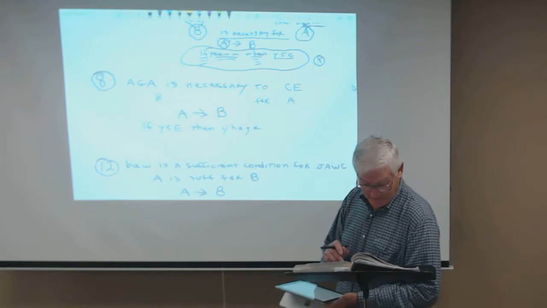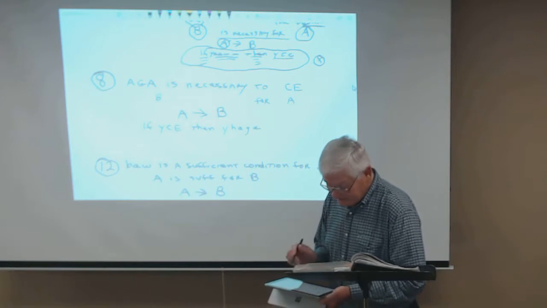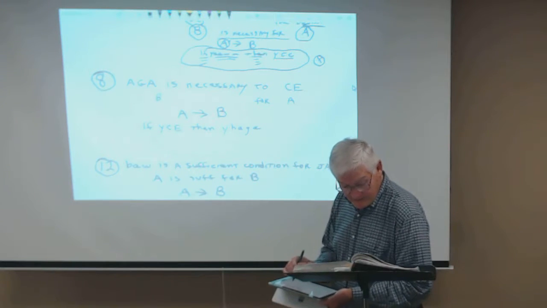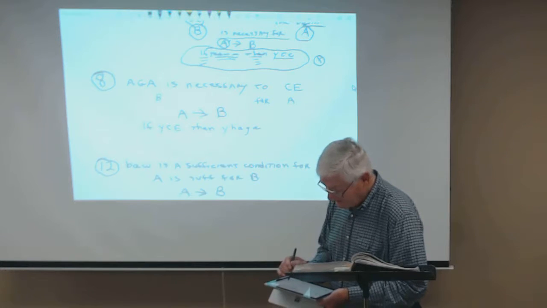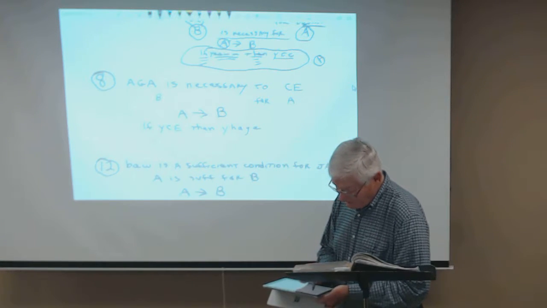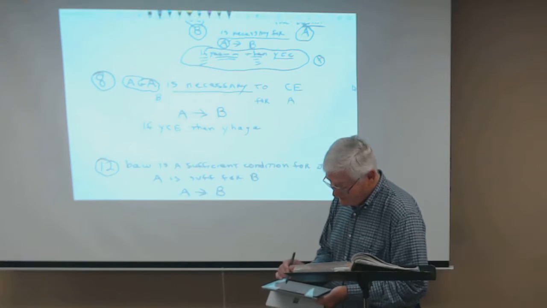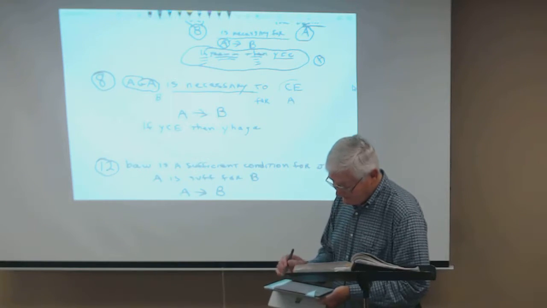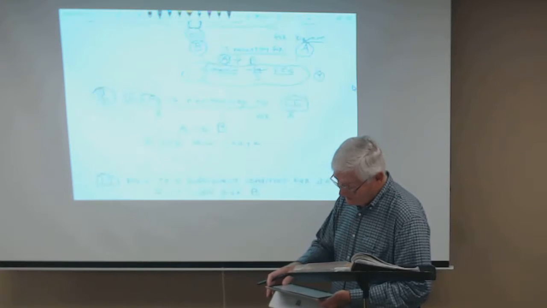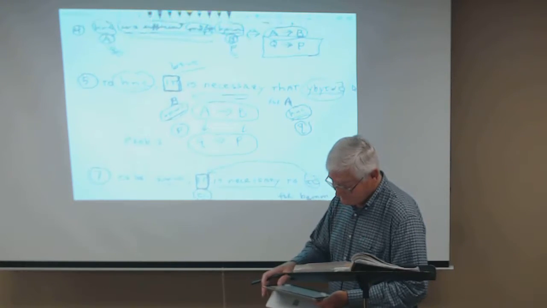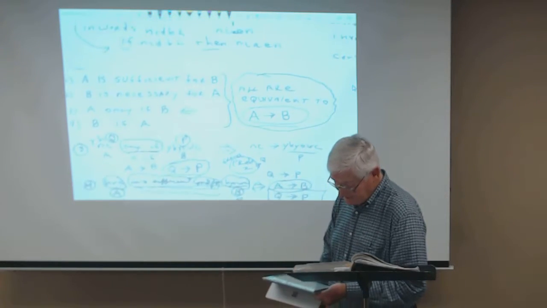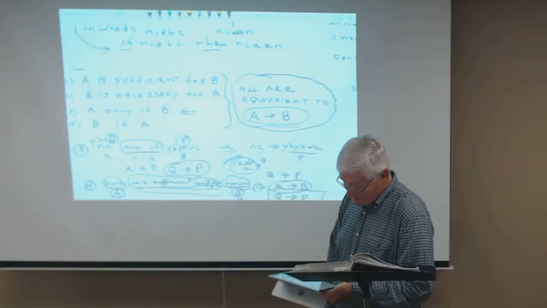Number 8. A good argument is necessary to convince Eve. So here's a good argument. Here's is necessary to convince Eve. I go back up to my chart. Which sentence is necessary?